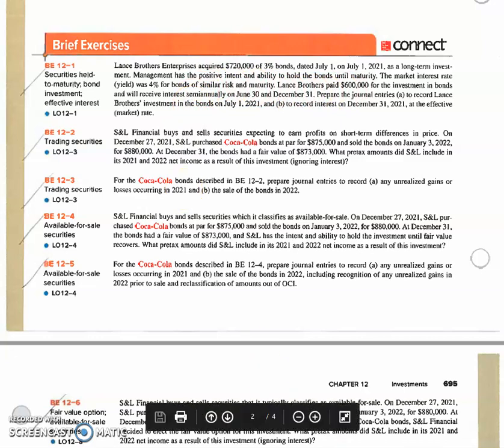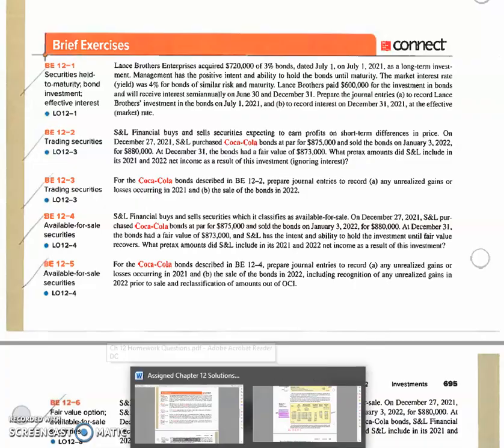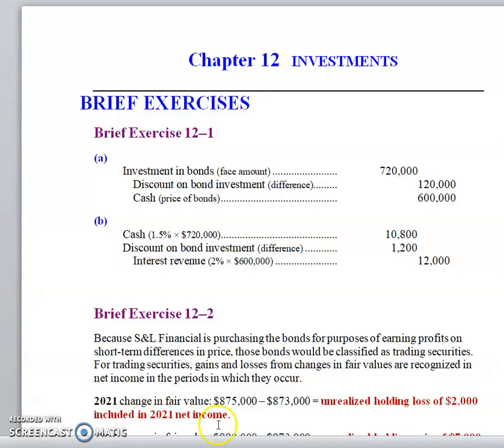Okay, now let's go look at the journal entries that are the solution here. So there we record the investment in the bonds. So the bonds have a face value or a face amount of $720,000. So we debit investment in bonds for that amount.